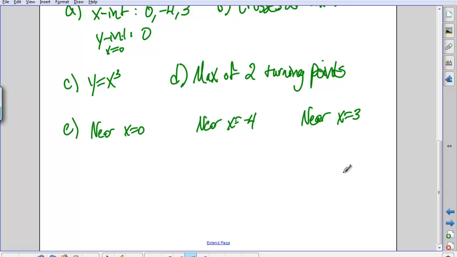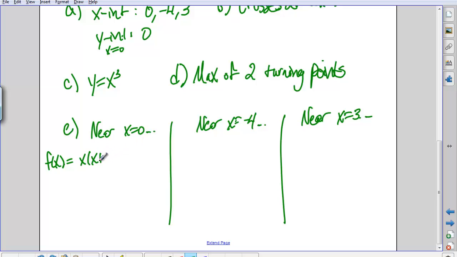So near each x-intercept, what's this thing going to look like? Okay. So we always start with our function, in the factored form for this question on all 3 of these.